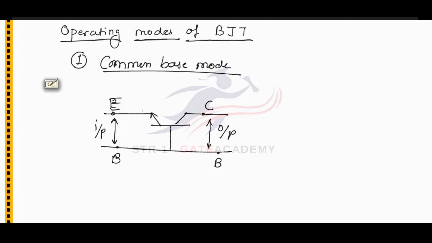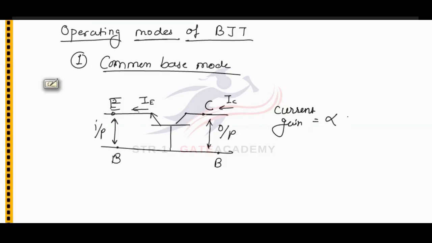In this common base mode, the current in the input terminal is IE and the current in the output terminal is IC. So for this BJT, I can define its current gain. Its current gain is written as alpha and it is output current by input current, IC upon IE.